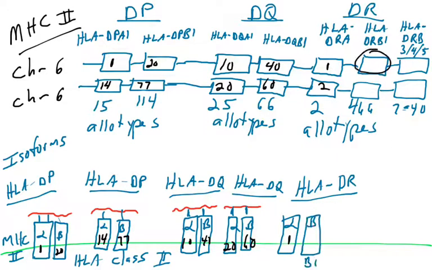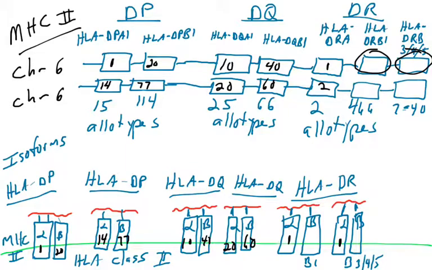So that really means you can form a number of different HLA-DRs, because let's say you form this isoform at the bottom here, this alpha and beta chain, and that beta protein comes from that DRB1 gene. Or you can form another complex using the alpha chain and the DRB3 or 4 or 5, depending on which one you've inherited. So you actually can form two different isoforms just from that one chromosome.